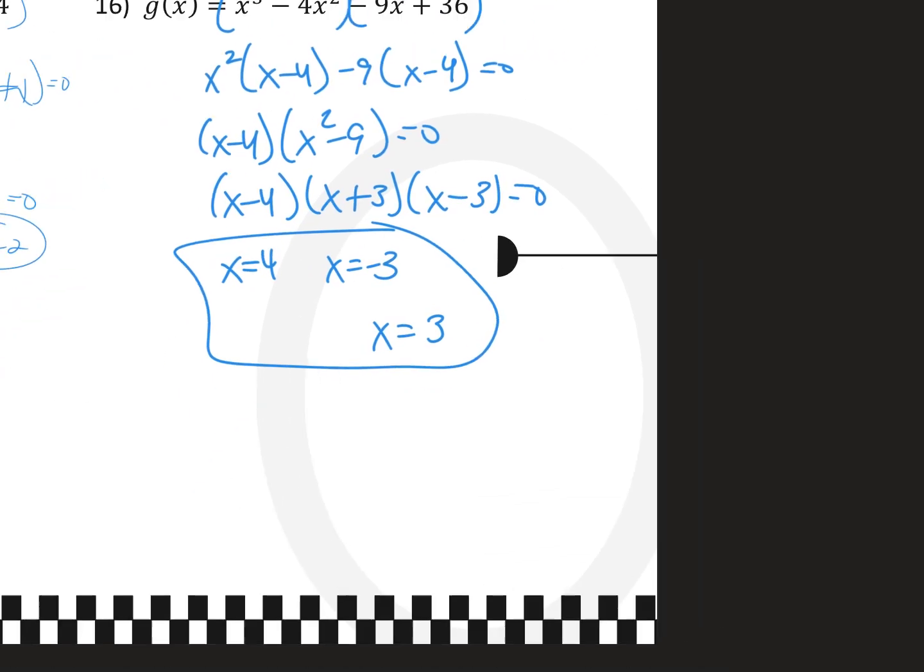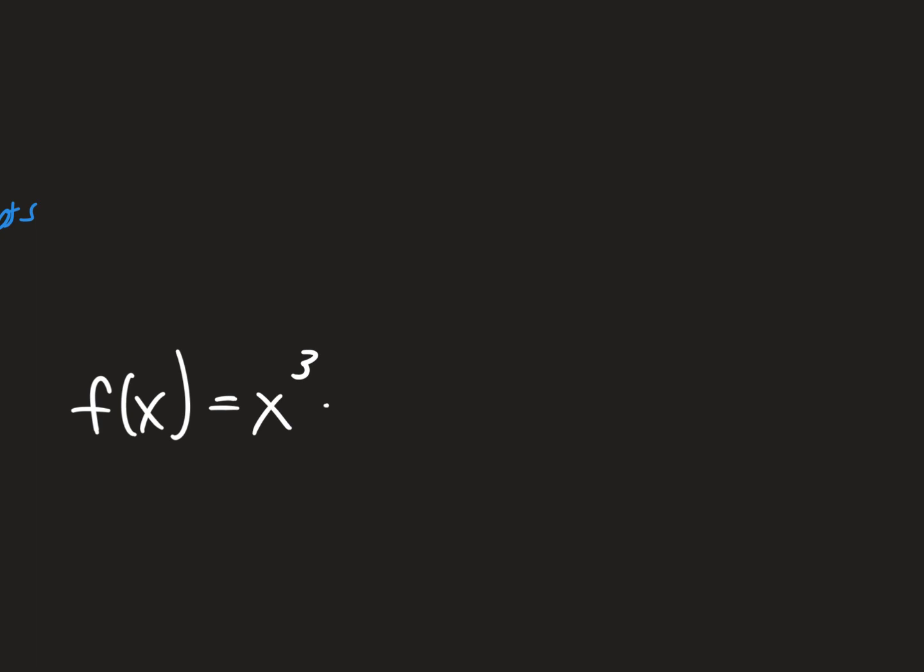Here, guys, write this one down. I want to make sure you guys see every type of problem that you could possibly see. What about if we have f of x equals x cubed minus 13x squared plus 23x minus 11?